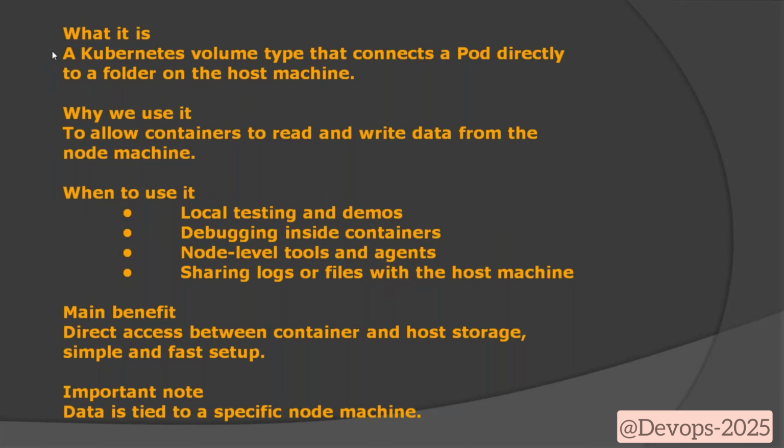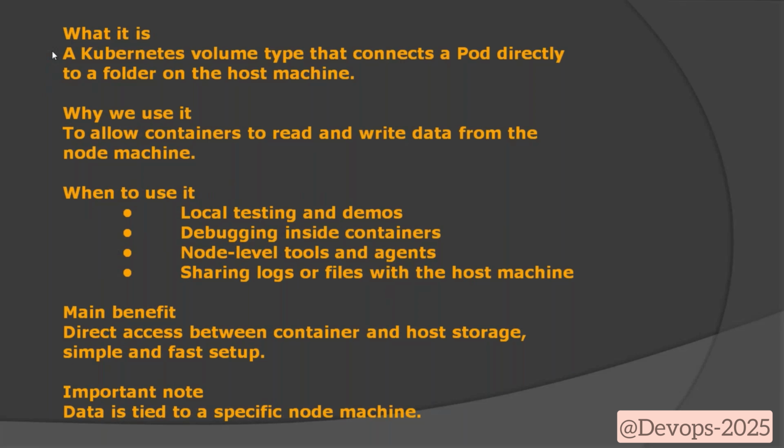Another use case is when some tools or agents need direct access to host level paths, for example node level monitoring agents, file scanners, or system utilities. These tools need to see what's happening on the host machine. In that case, host path allows the container to look into specific host directories in a controlled way.